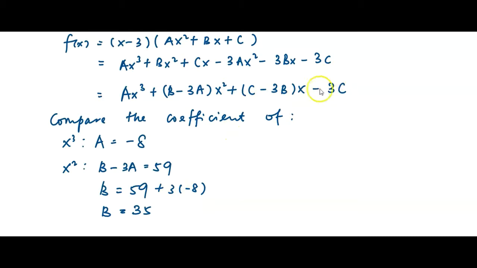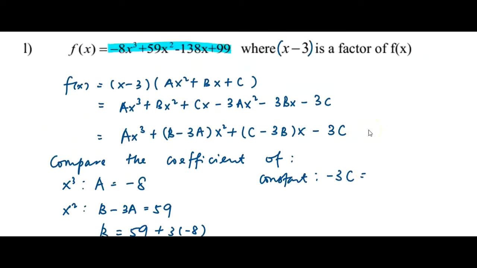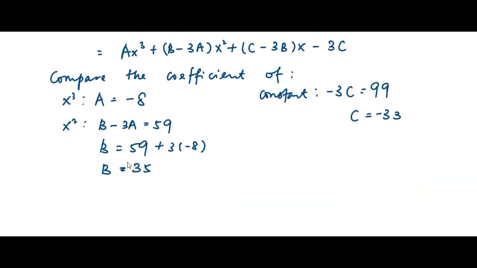Okay, and in order to get the value of c, I will compare the constant. The constant here is negative 3c, and in the function given, the constant is 99. So my c will be equal to negative 33. Okay, so now you got your a, b, c, right?